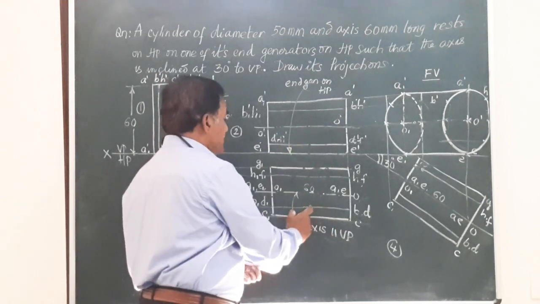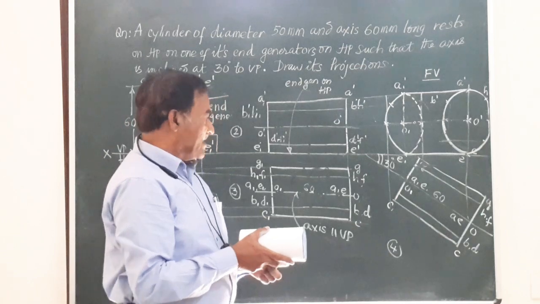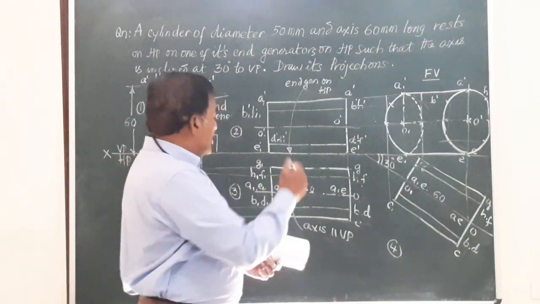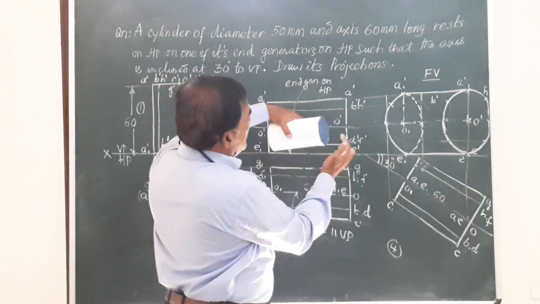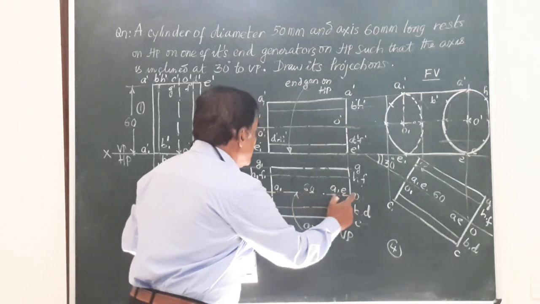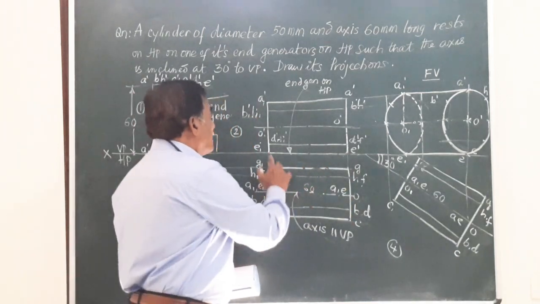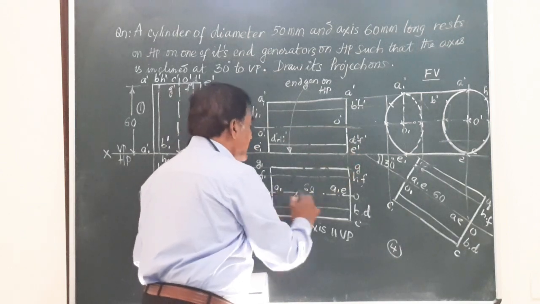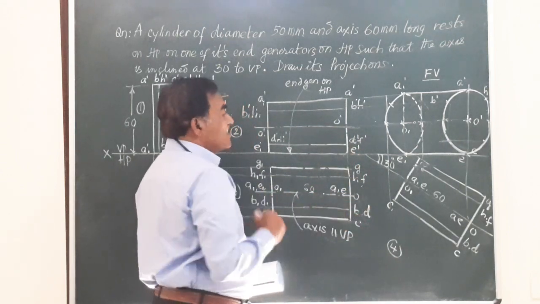So I have got the corresponding top view where the axis of the solid was parallel, or it can also be stated like this: the object is resting like this. What has happened here? The axis and the end generator on which it is resting, the plane containing these two has become perpendicular to HP because it's seen as a line in the top view.